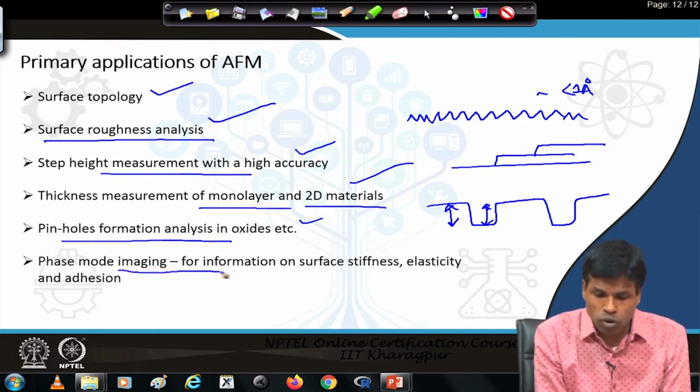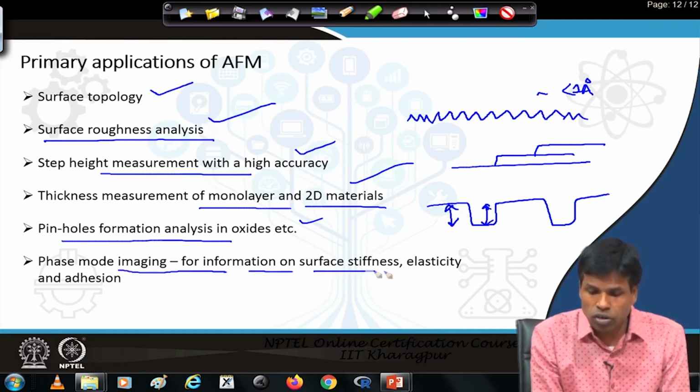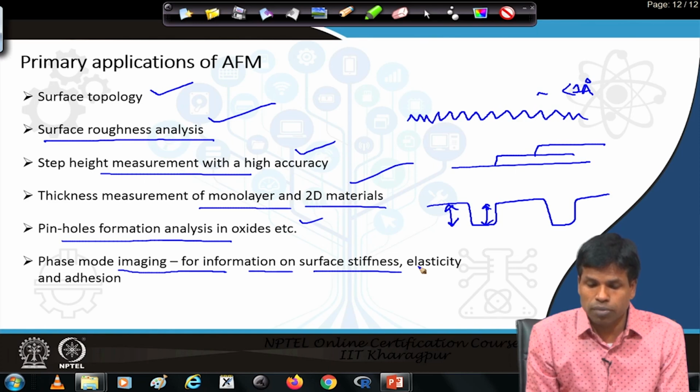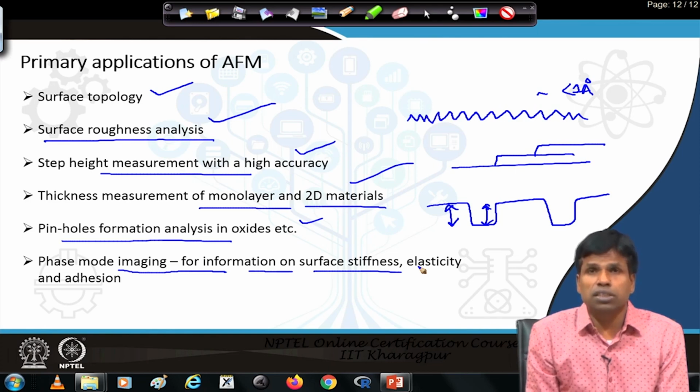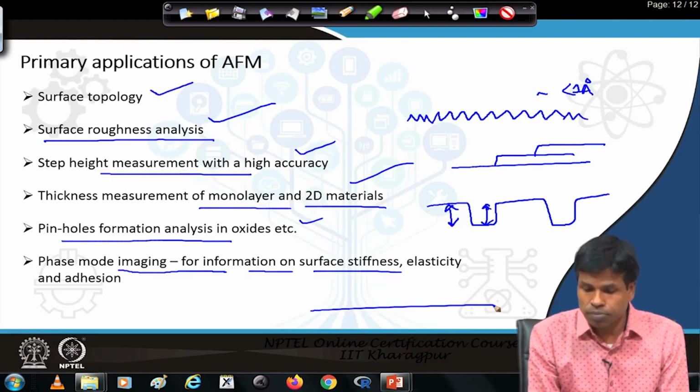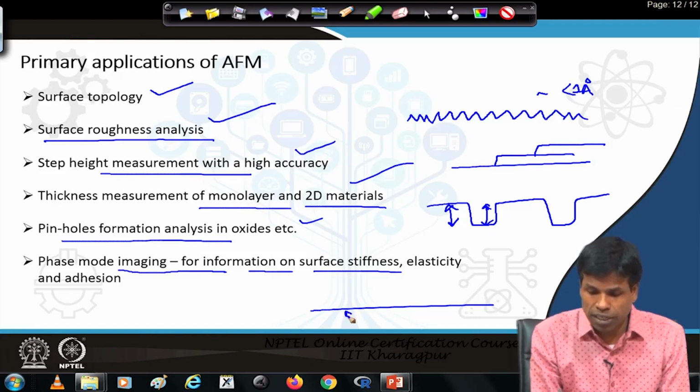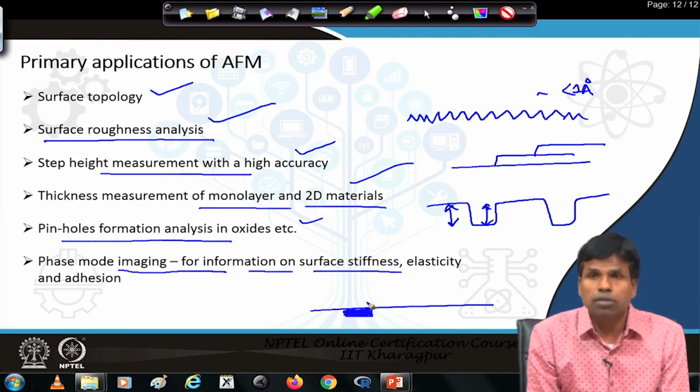Using the phase imaging mode, we can also get information about surface stiffness, elasticity, adhesion, and frictional force. A sample may be flat, but if a different type of material is present in some region, then its adhesion or other properties may be different.